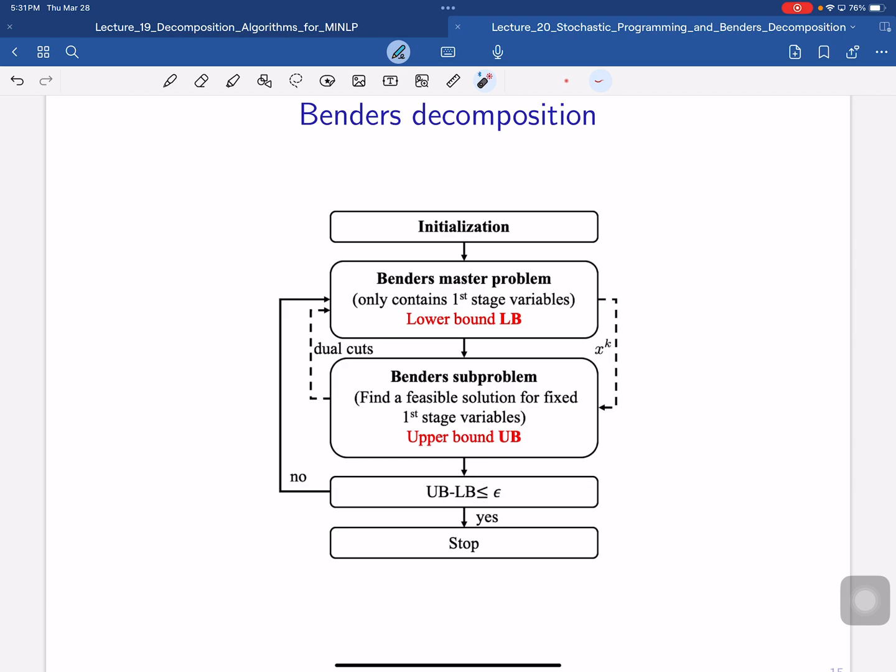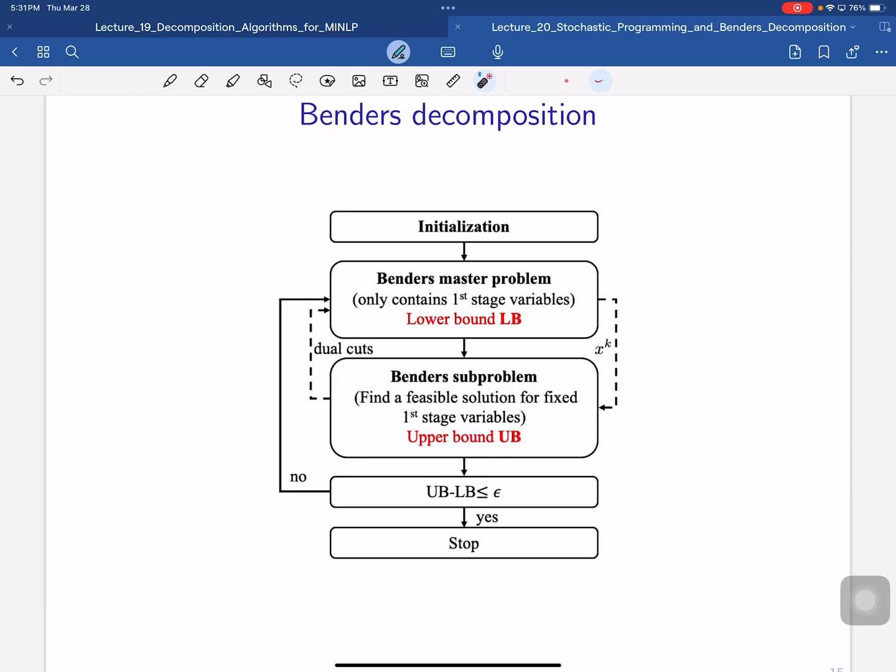Any thoughts? Remember, we are minimizing, right? And the Benders reformulation is an exact reformulation of the original problem, right? But now I'm keeping a subset of optimality cuts and feasibility cuts, right? So why is it a lower bound here?